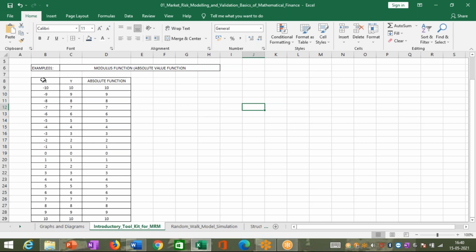Now there is another part to this. So now let us plot this graph and let's see how it works.